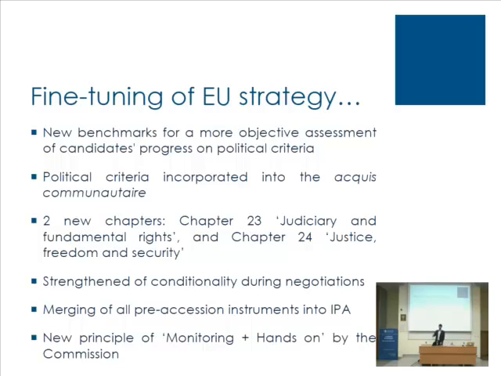And the EU Commission introduced 2 new chapters concerning political criteria: one on judiciary and fundamental rights, and one on justice, freedom, and security, with specific benchmarks, specific requirements, and an evaluation scale for every country. So, generally speaking, after the experience of the enlargement to the east, conditionality during negotiation was strengthened.